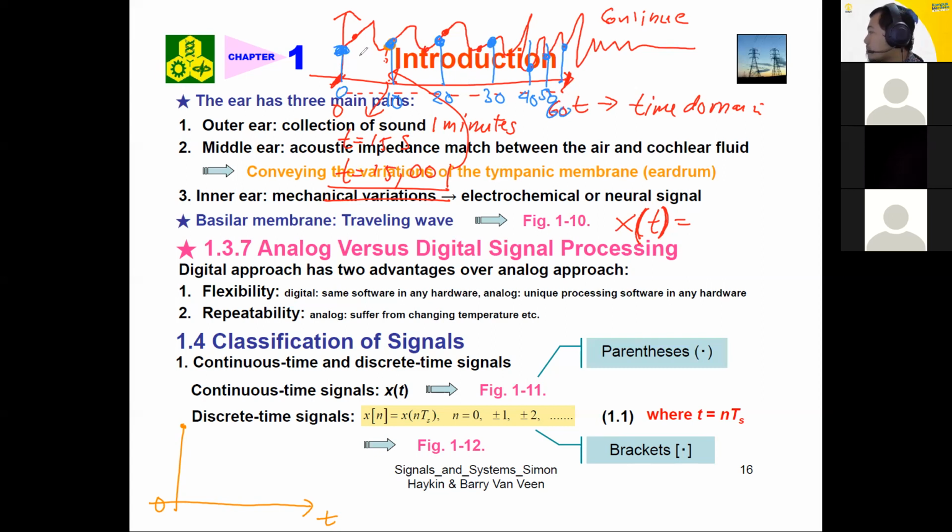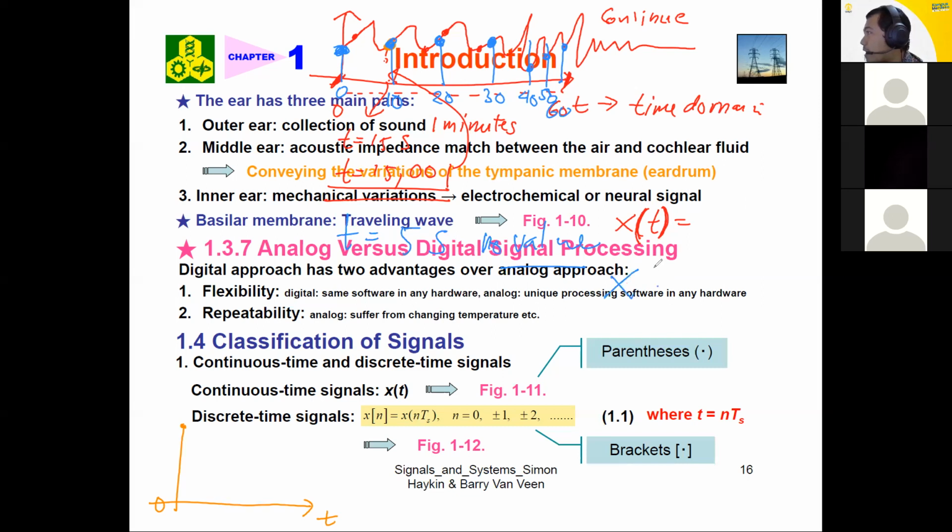So how about at t equal to 5 second? There is no value. No value here. So this is the meaning of discrete.